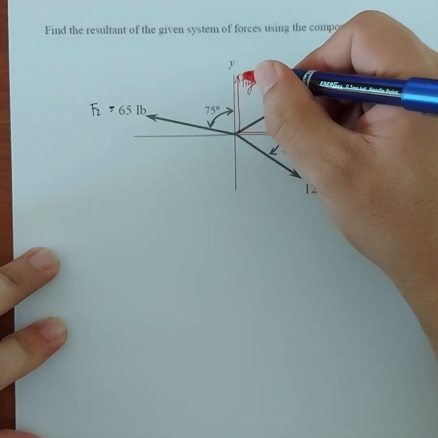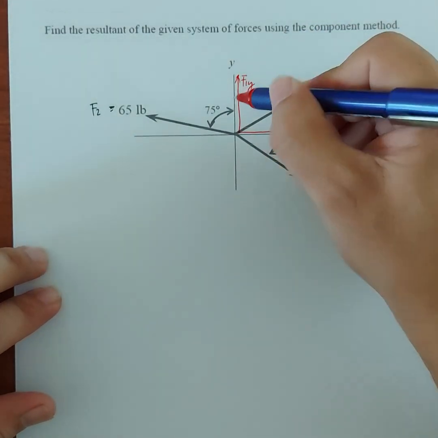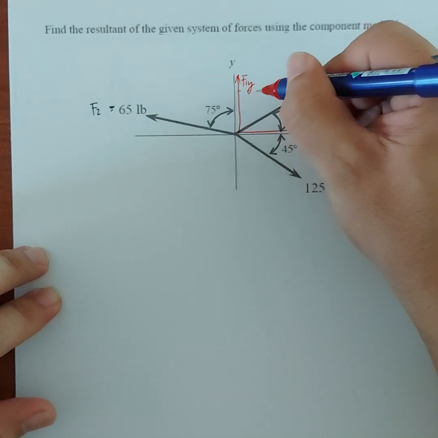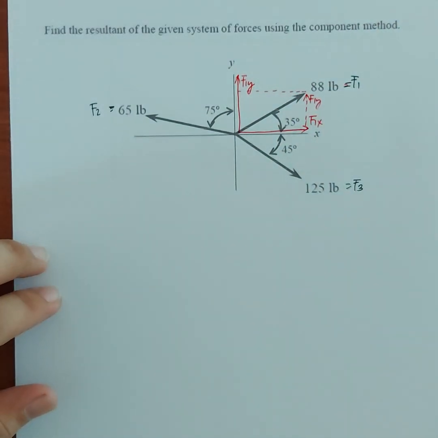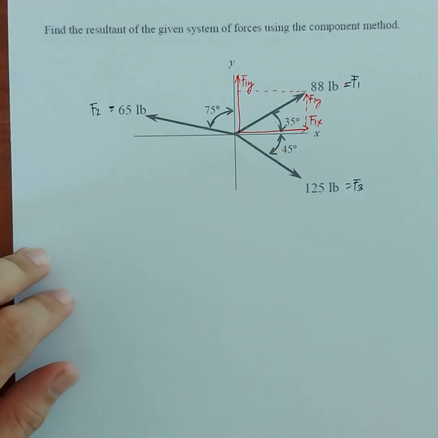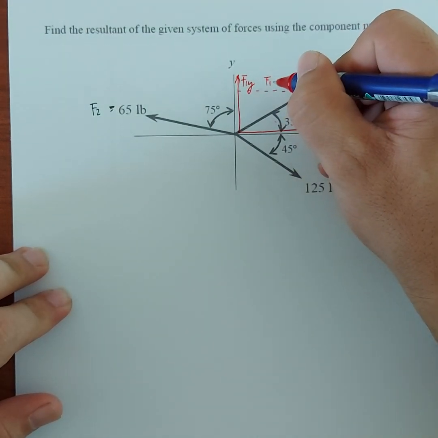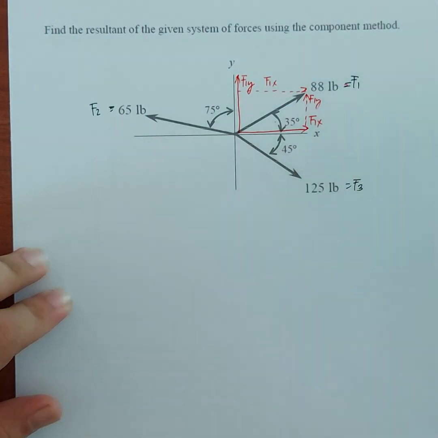Anyway, ganyan dapat. Parallelogram method. Ayan. So, 35 yan. So, this angle is 90 minus 35 degrees. But we'll just use the given angle there to solve for the components of each force. So, if this is F1x, this is also F1x. Ganun yung direction niya.